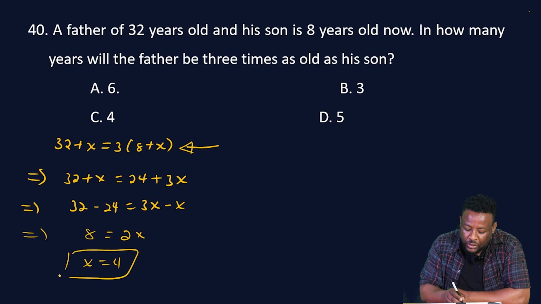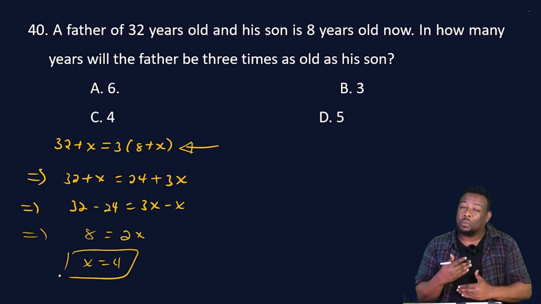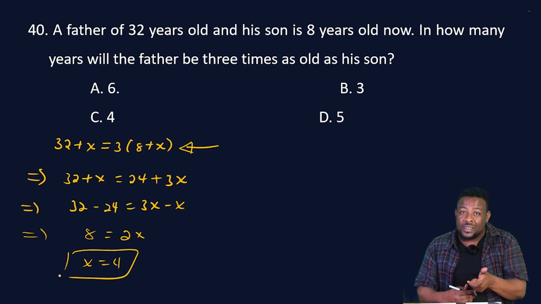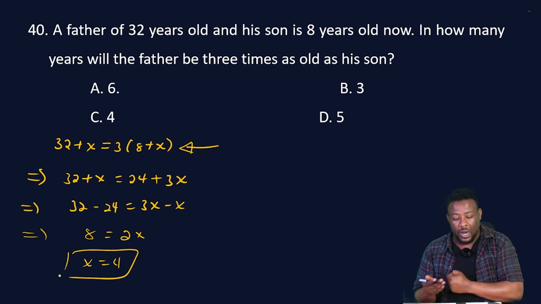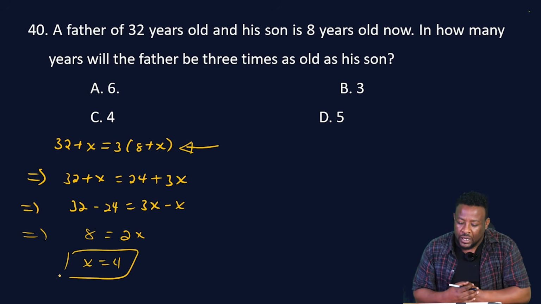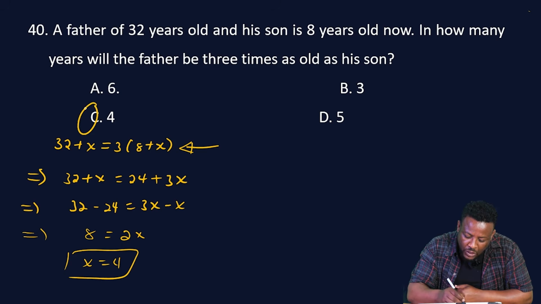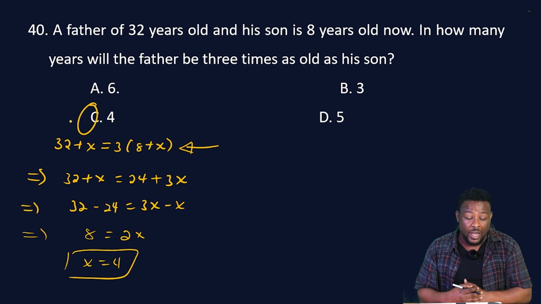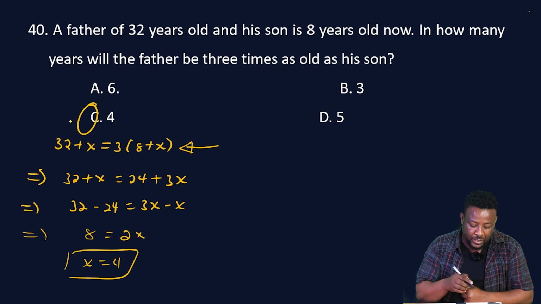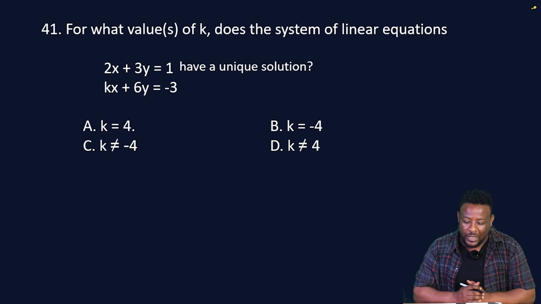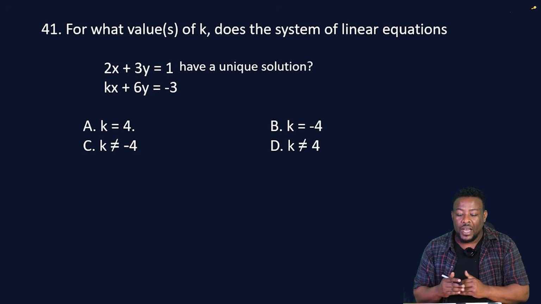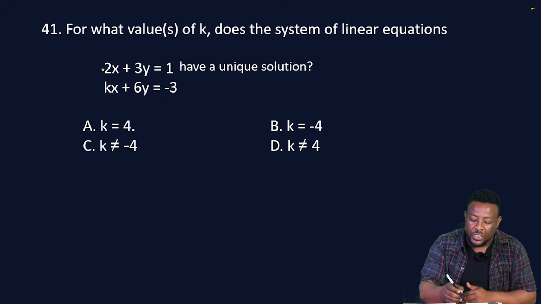So the value of x is 4, which means after 4 years the age of the father will be 3 times the age of his son. So the answer to the question of after how many years is C. This is the answer for question number 40.